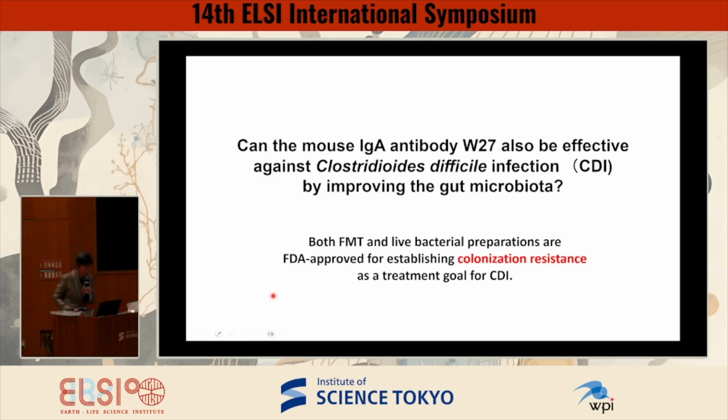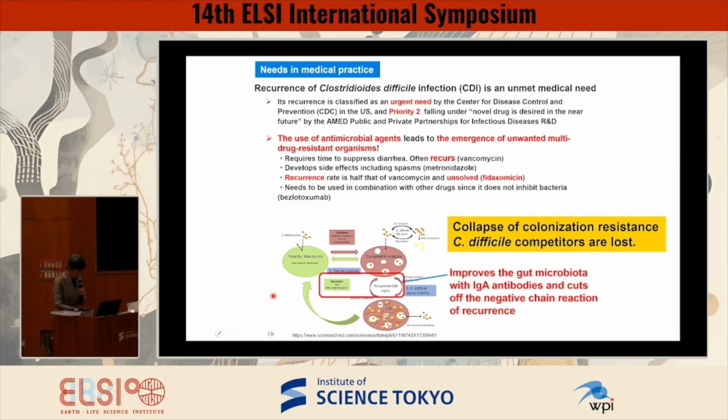The very famous one is Clostridioides difficile infection. It is very famous in the United States. The FDA already approved treating this CDI with a live bacterial product or fecal microbiome transplantation, because of establishing the colonization resistance.